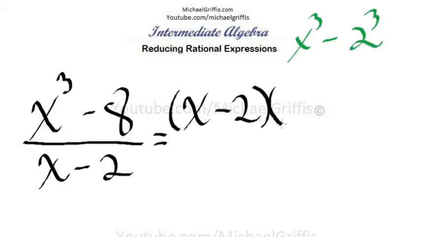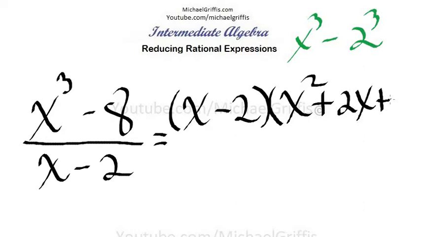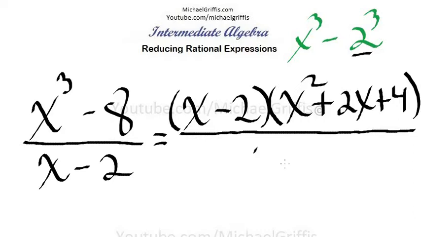We have x minus 2, then we have x squared, that's a minus so we use plus, then 2x, 2 times x, and then plus 2 squared, which is 4. Okay? And that's all over x minus 2.